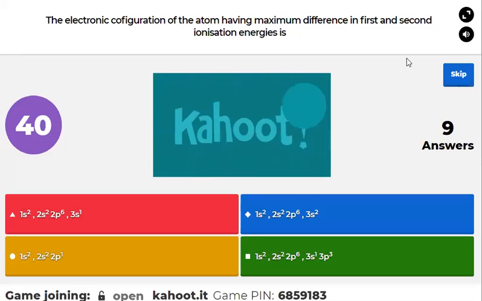Out of these, which has maximum difference between first and second? Okay, no issues.